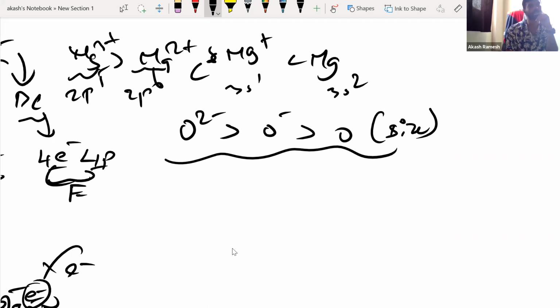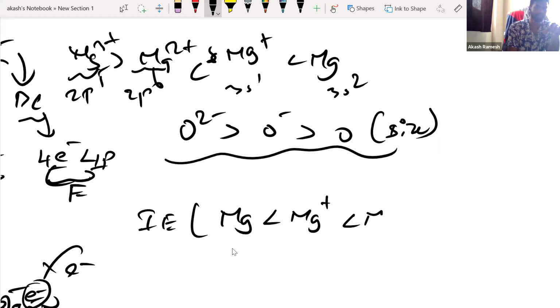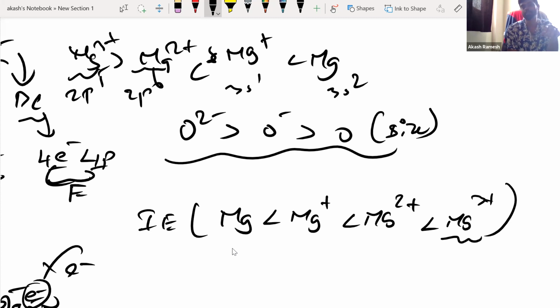Mg will have lesser ionization energy than Mg plus, Mg plus will have lesser than Mg2 plus, and Mg2 plus will have lesser than Mg3 plus. Mg3 plus will have the maximum amount of energy spent for the electron to come out.